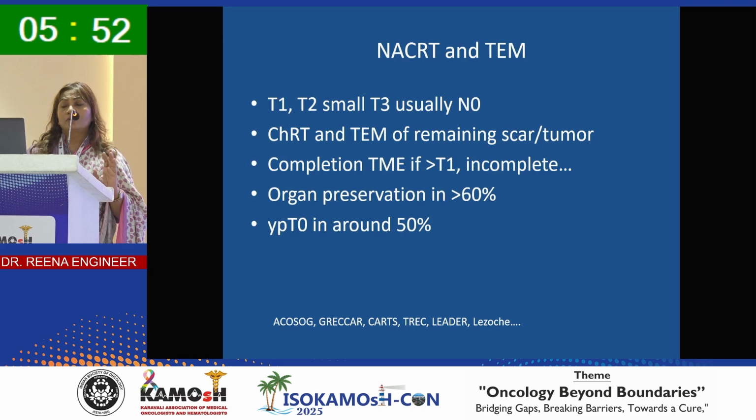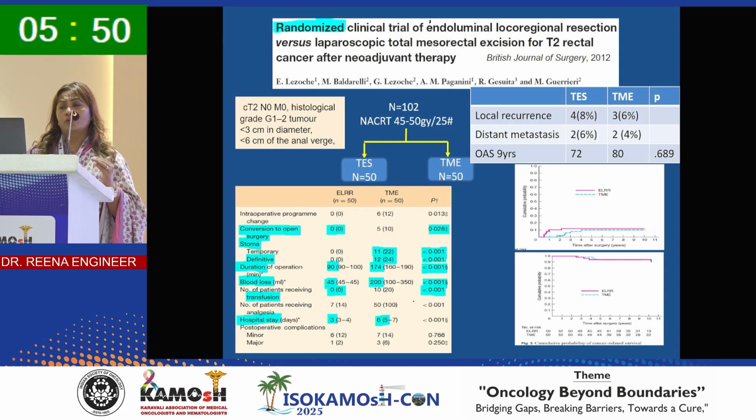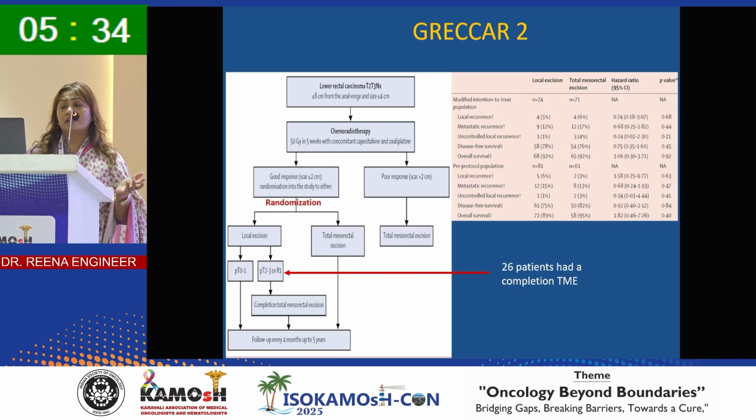And local excision preceded by chemoradiation has been studied in very early studies in 2012. They showed that after radiation, if you do a local excision versus TME, the outcomes are the same. Local recurrence rate, distant mets, everything is the same.